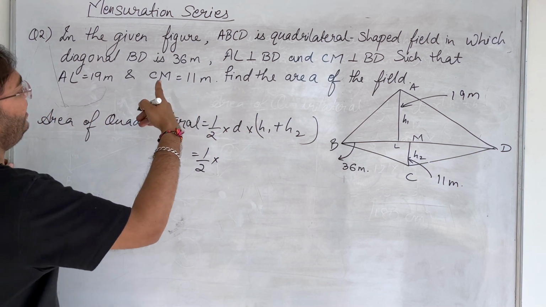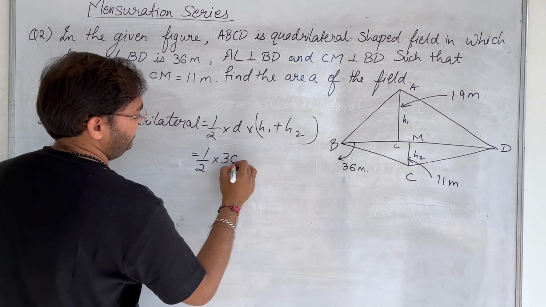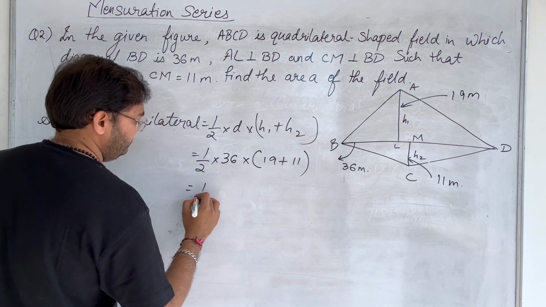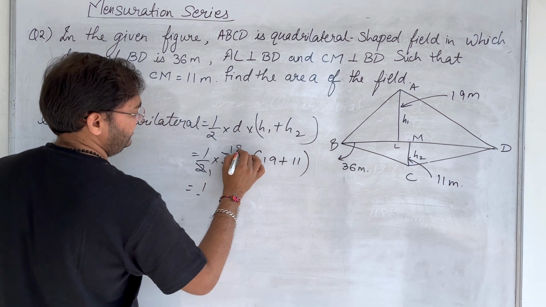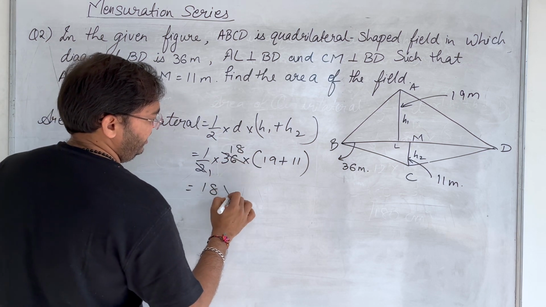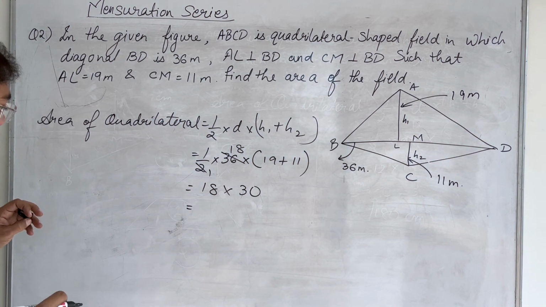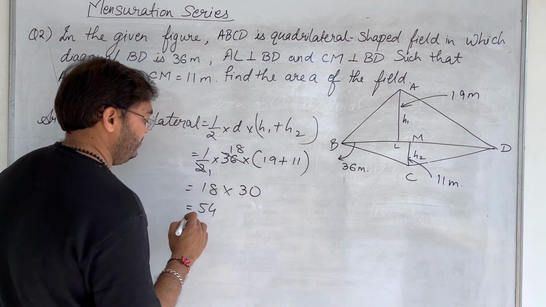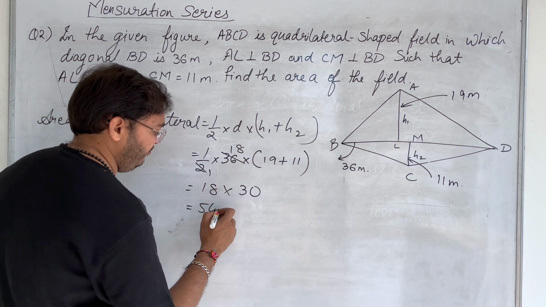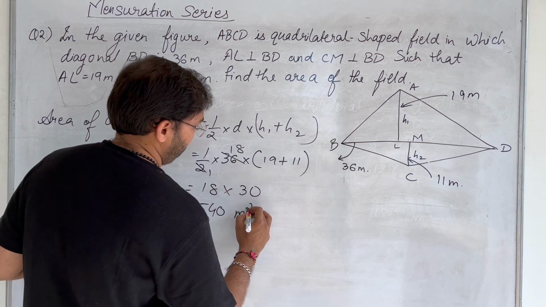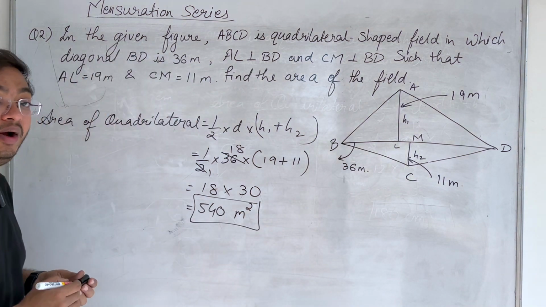That is BD, and the measurement of BD is 36, which is given, into height 1 is 19 plus height 2 is 11, which is very simple. 1s are 18s are, so 18 over here into 30. So 18 into 30 is 540 meter square, the area of the quadrilateral.